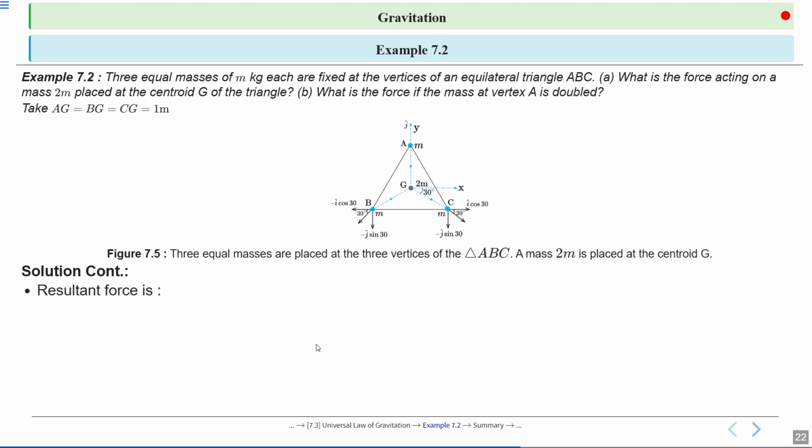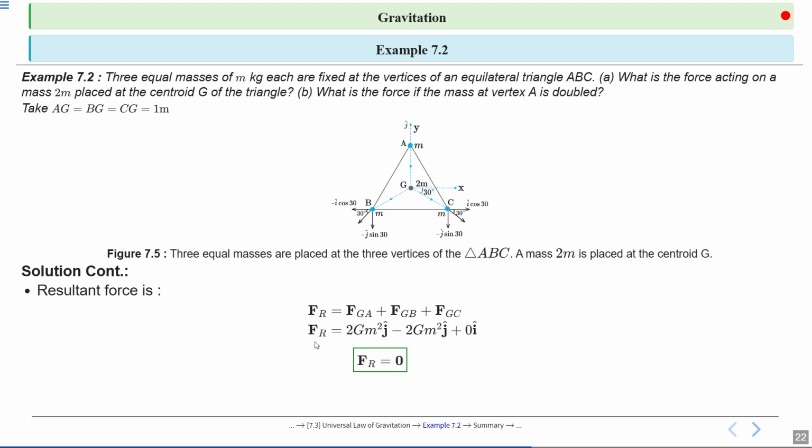So resultant force is FR equal to FGA plus FGB plus FGC. Alright. So FR is equal to 2Gm square j cap minus 2Gm square j cap plus 0 i cap. Notice how the forces in the j cap direction cancel each other, leaving no net force in that direction.